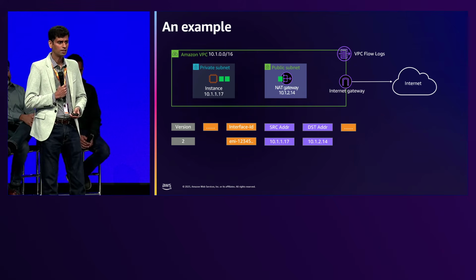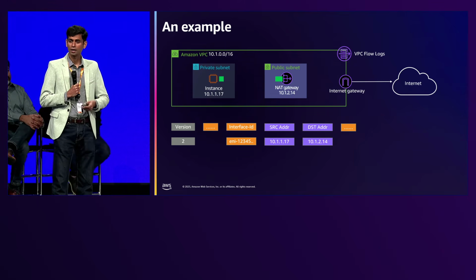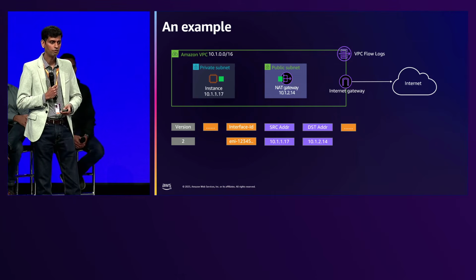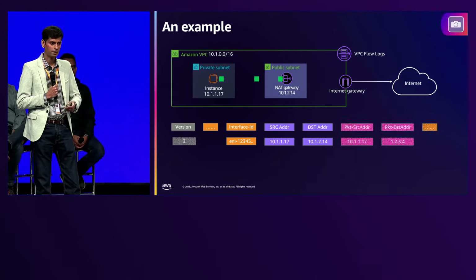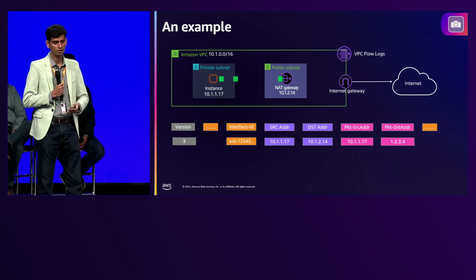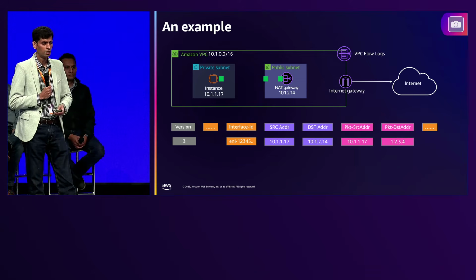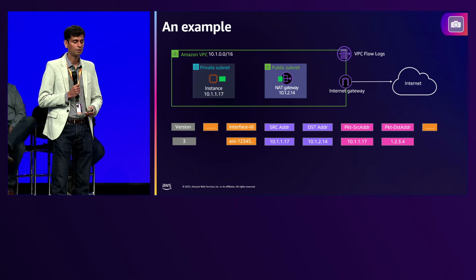And as you can see, the destination address is that of the NAT gateway. Now you can enable additional custom metadata fields in your VPC Flow Logs, such as packet source address, packet destination address. And in this case, the packet destination address will point to the final destination where the traffic is going to. So depending upon the granularity of your use case, you can enable these custom metadata fields.